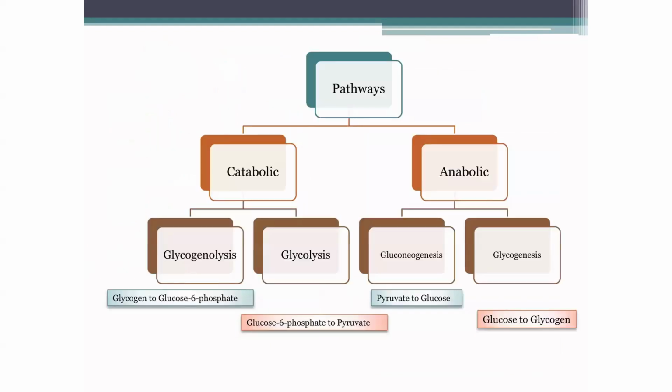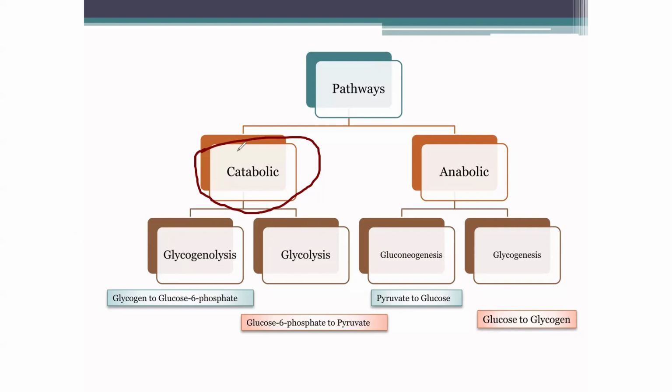So what are the metabolic pathways? We have catabolic pathways. Examples of catabolic pathways are glycogenolysis and glycolysis.